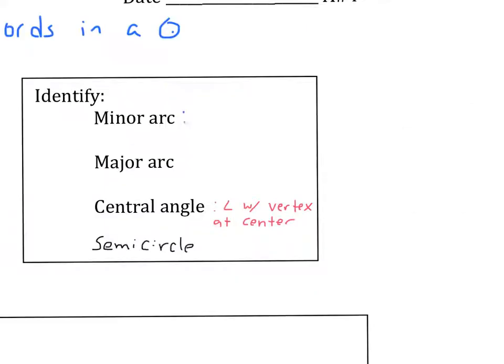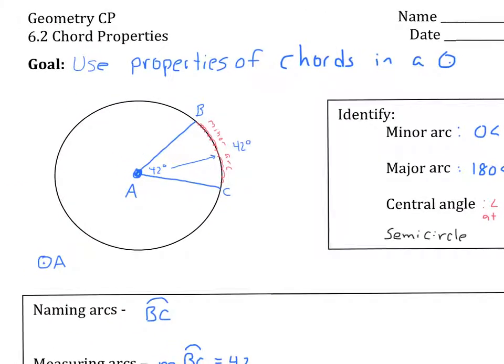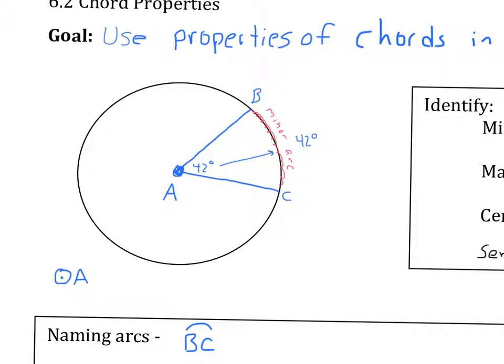So minor arc has to be between 0 and 180. Notice it cannot be either of them. Therefore, a major arc is going to be greater than 180, but less than 360. And over in my diagram, if I place another point out here and here.